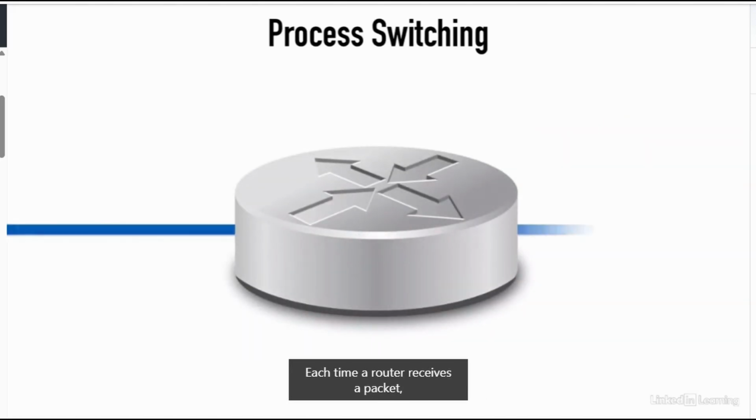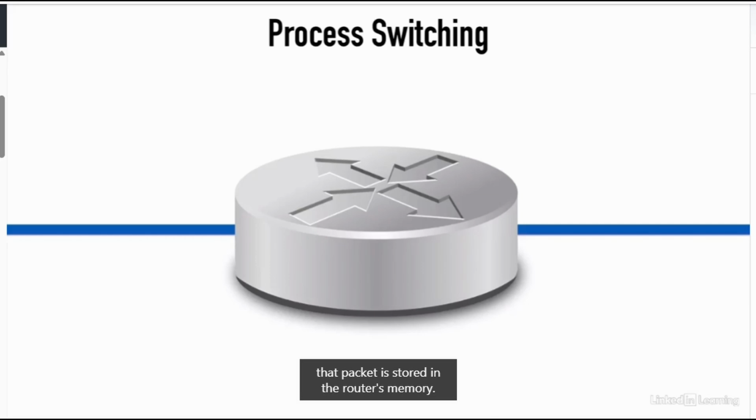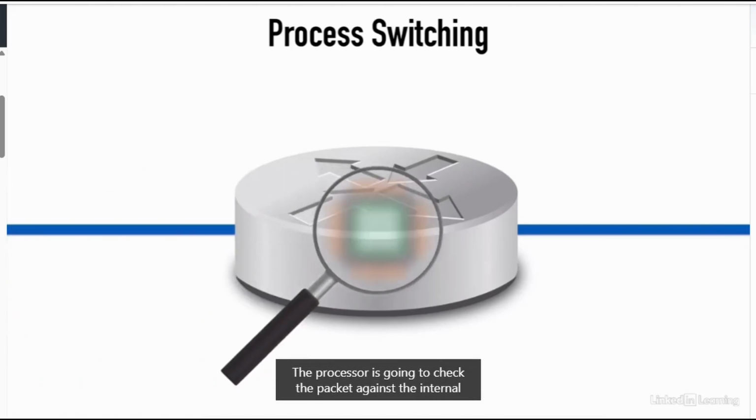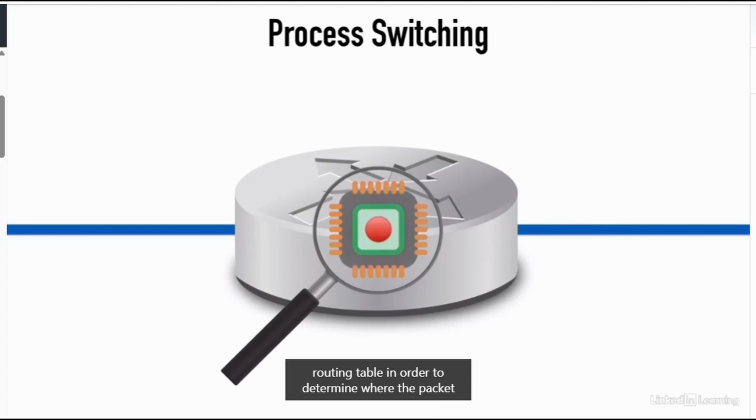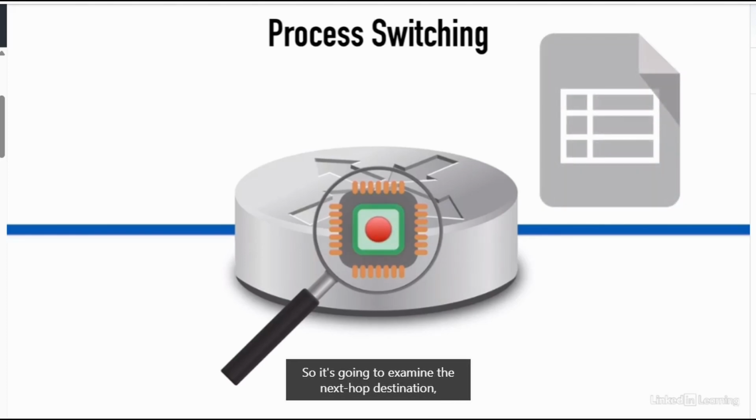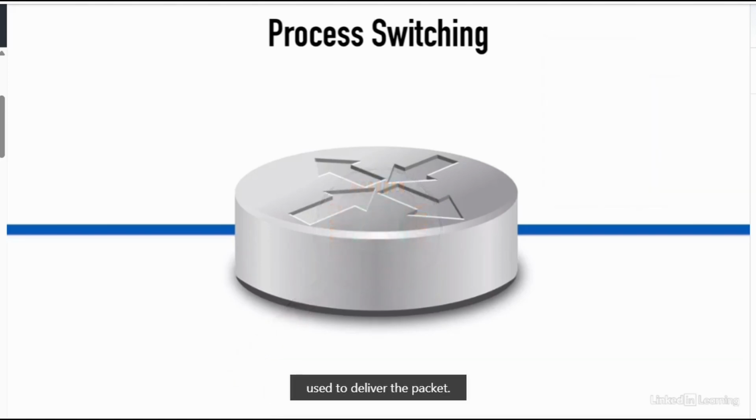Each time a router receives a packet, that packet is stored in the router's memory. The processor is interrupted in order to process and analyze the packet. The processor is going to check the packet against the internal routing table in order to determine where the packet should be directed. So it's going to examine the next hop destination, and it will determine the outbound switch interface that should be used to deliver the packet.